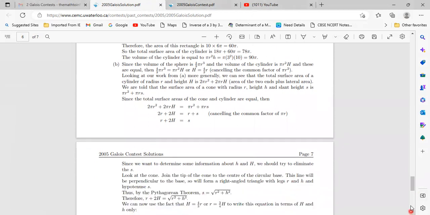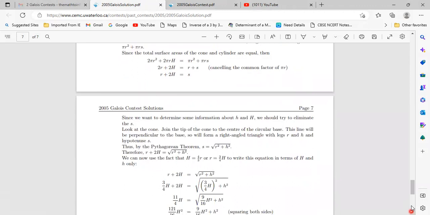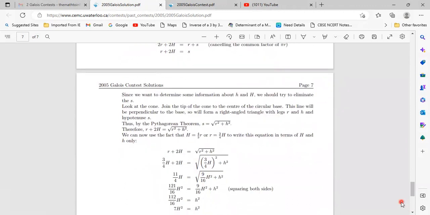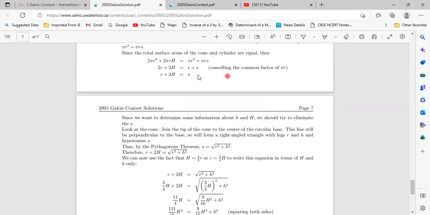So we need to prove that small h and capital H cannot both be integers. They're saying that you need to get some information about this capital H and small h, and also we need to eliminate this s. This s is nothing but the slant height. Imagine you have a cone like this.